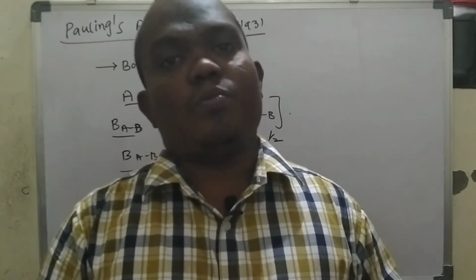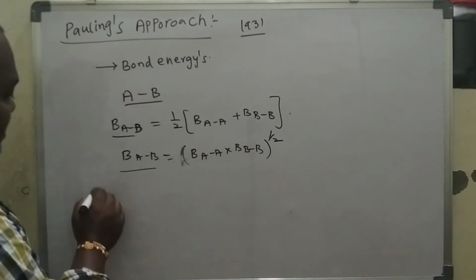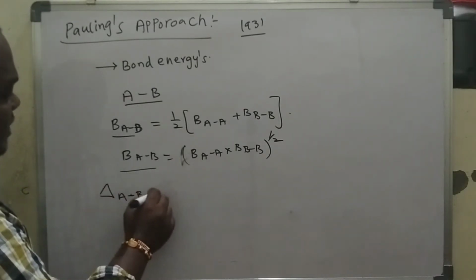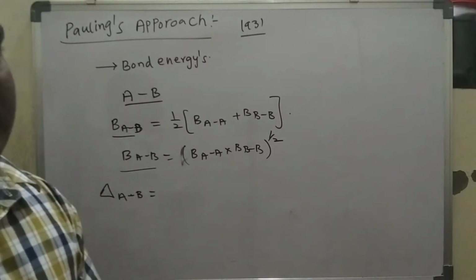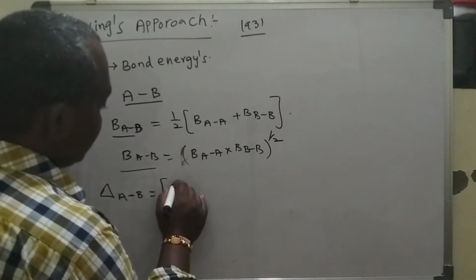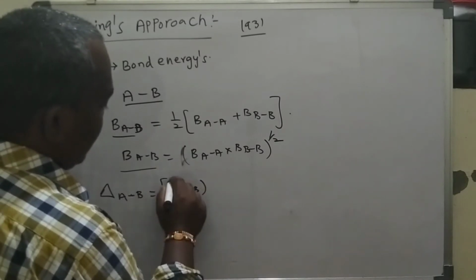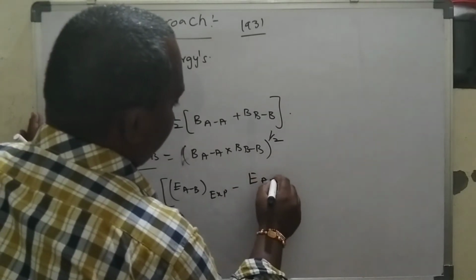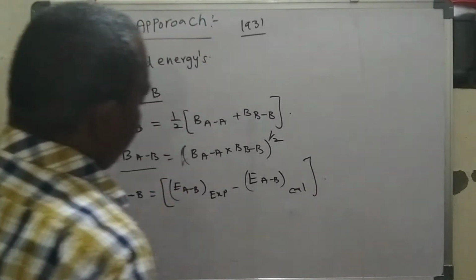Therefore, they take the change in the bond energy values, where delta indicates the change in the bond energy of A-B. So it is the bond energy of A-B experimental minus the bond energy of A-B calculated.